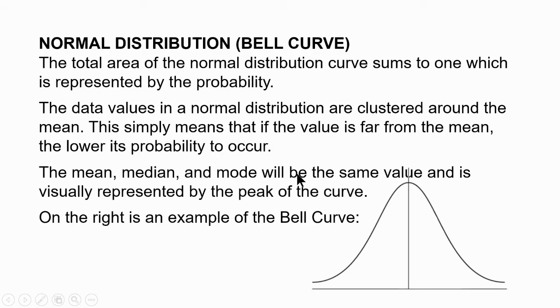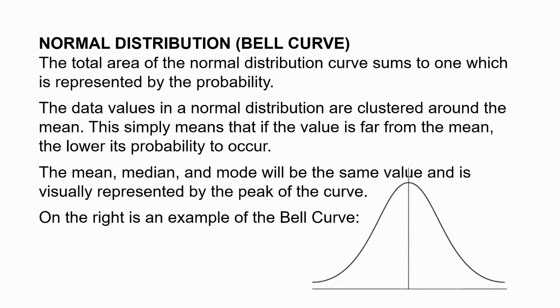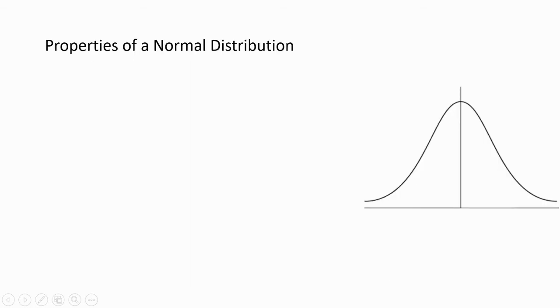Okay. So in the normal distribution, it's actually the curve that sums up one representation of probability. Now, the distribution is actually clustered around the mean. So ito yung mean natin. Okay? Ay, wait lang guys. Before, may na-skip yata akong part. And then the mean, mode, and median is actually here on this particular region.